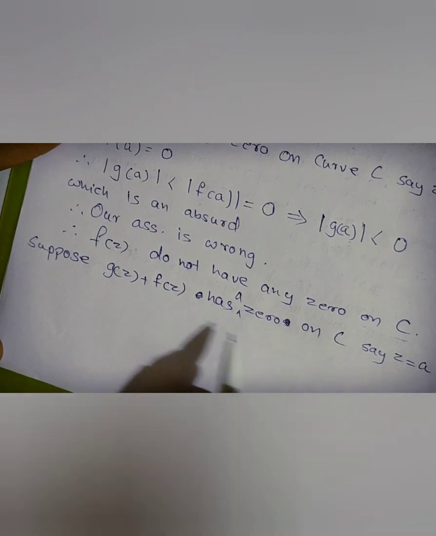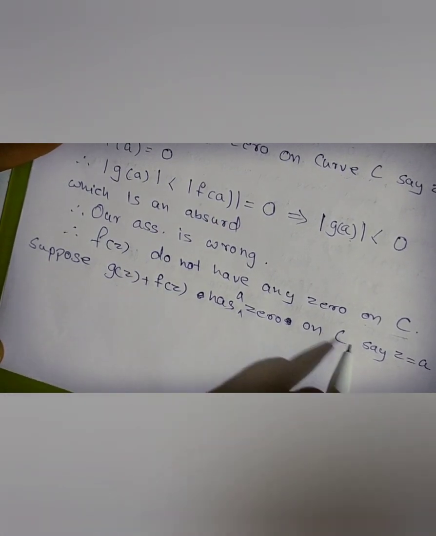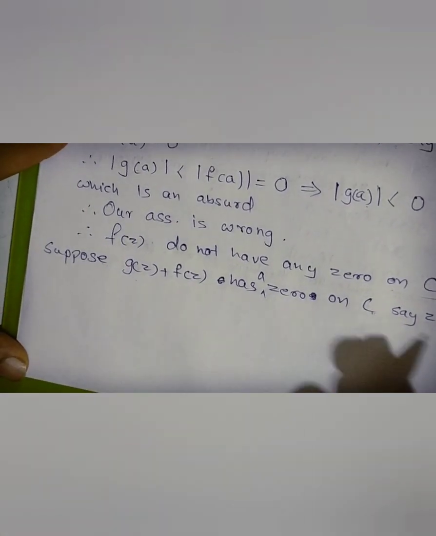We are just assuming that this function also has a 0 on C, and again we should arrive at some contradiction.